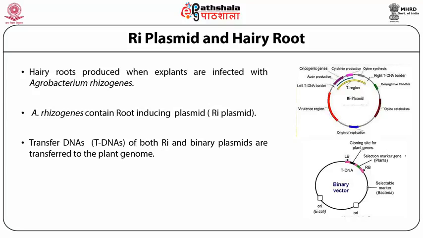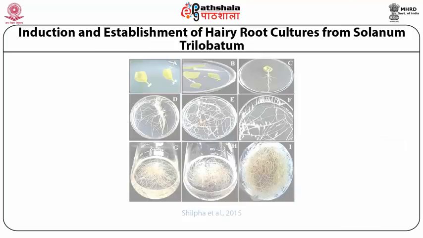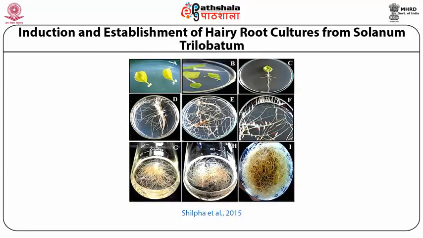So when both the tDNAs are transferred, the tDNA from the Ri plasmid induces hairy root formation. The tDNA from the binary vector gives the trait produced by the gene of interest to the plant. A few examples of hairy root establishment are described in the following two to three slides.